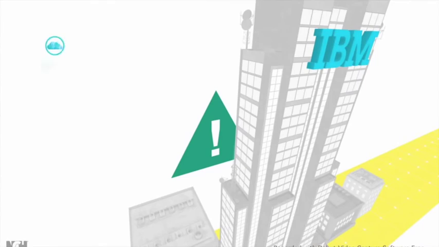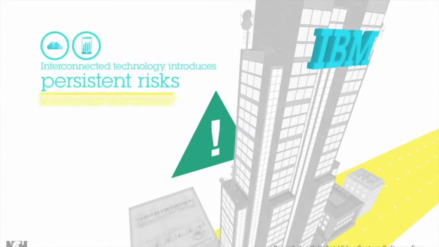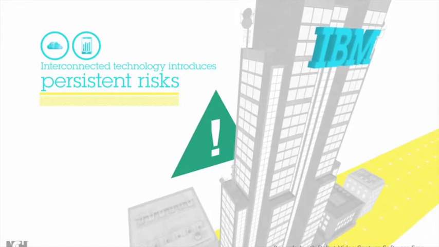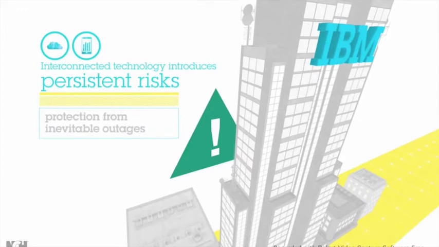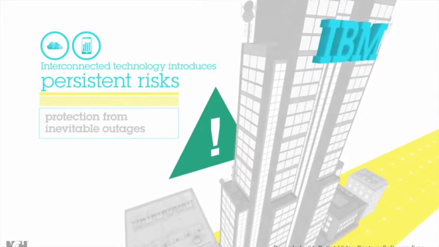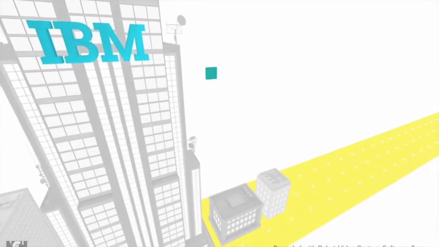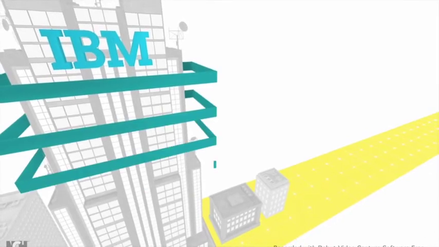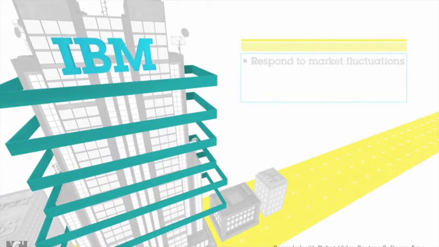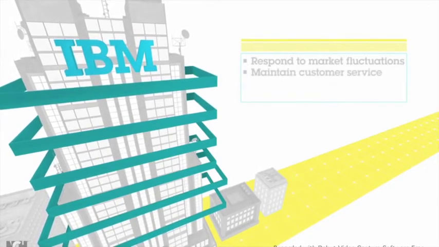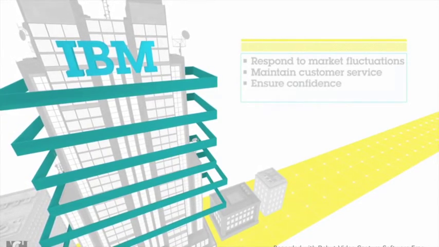With interconnected technology introducing new threats every day, along with persistent risks such as human error, IT system failure, viruses, and weather events, it's not a question of will your business face an outage, but when. By proactively defending your business against the unexpected, you'll be in a stronger position to respond to market fluctuations, maintain customer service, ensure confidence from partners, and effectively protect your brand.